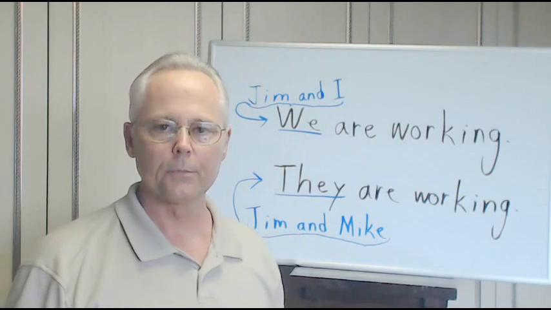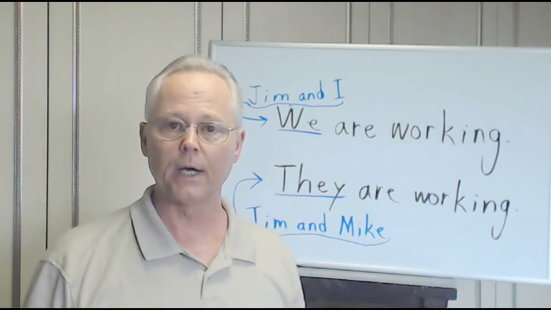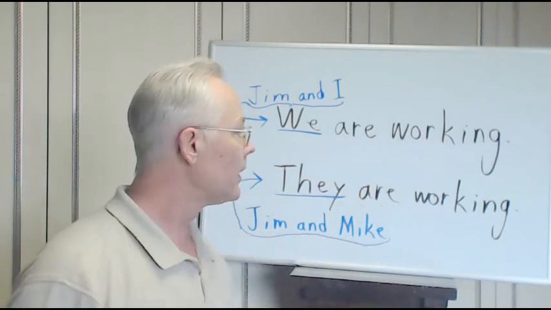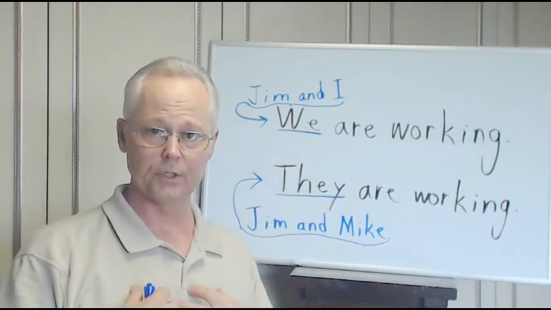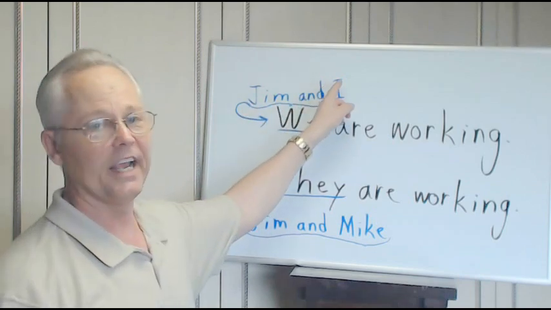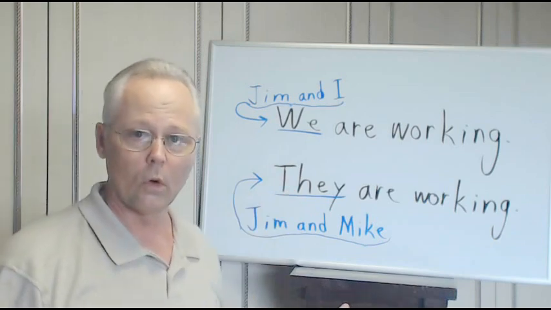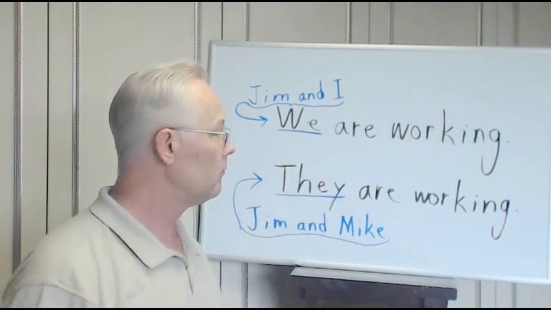If we're talking about the present continuous now, and we want to speak about more than one person, 2 people, 3 people, of course, we're going to use we if it includes the speaker. So perhaps I would say, Jim and I are working. Or I could just say, we are working.